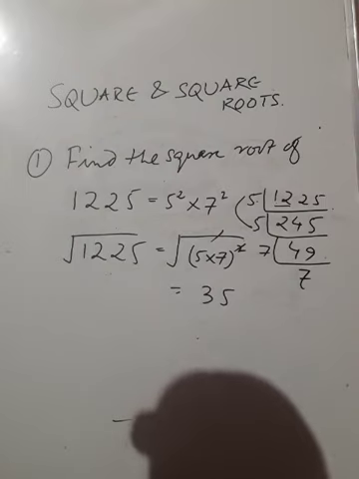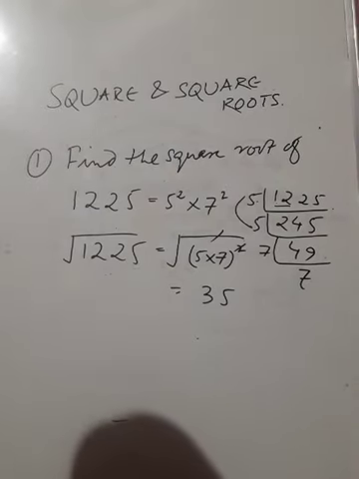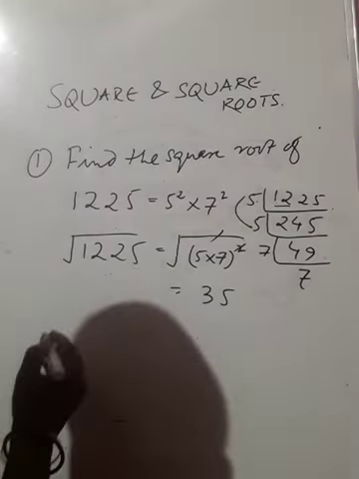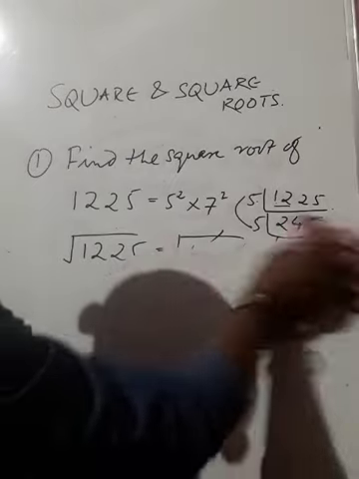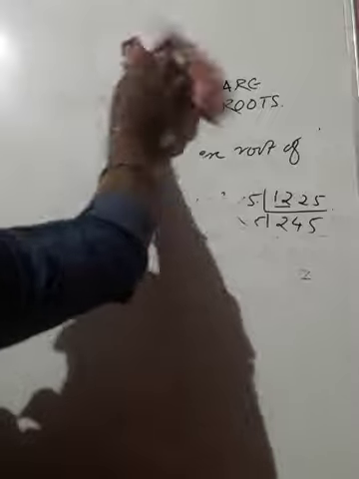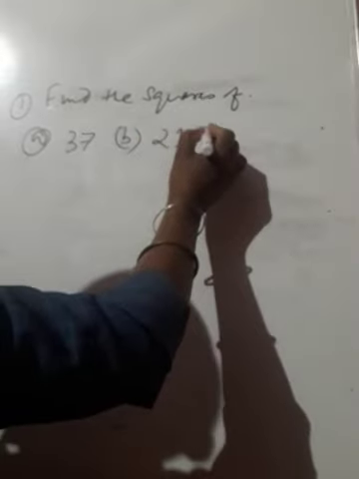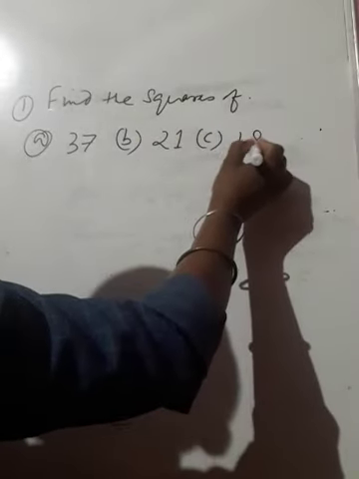This is for today. Let me give you some homework. I am sure that you can do it. Find the squares of A 37, B 21, C 18.